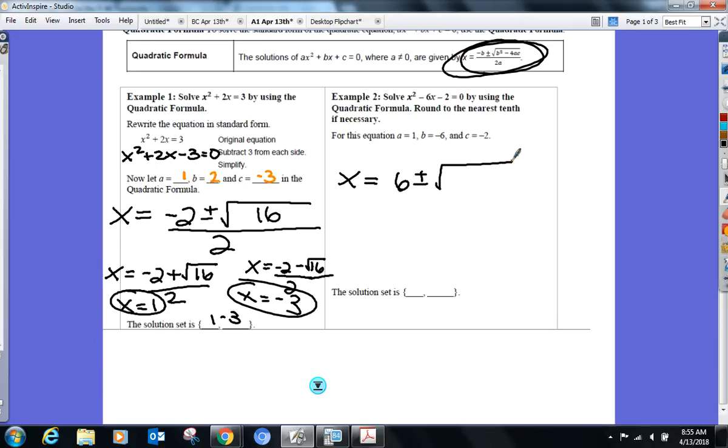And then figure out what that b squared minus 4ac value is. As you're starting to see, a lot of kids like the quadratic formula because the calculator is doing all the work for them. So let's go. Let's see you store it.